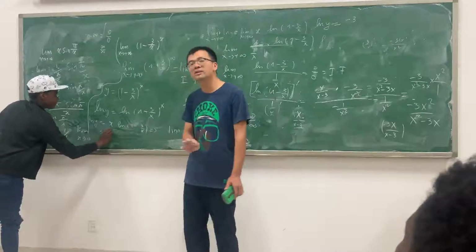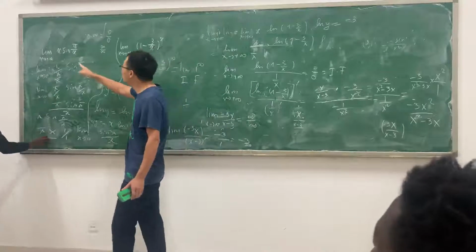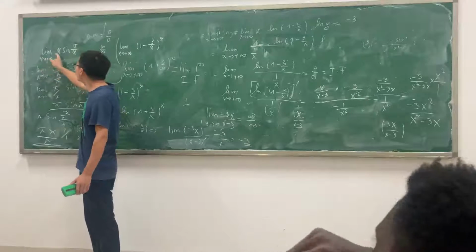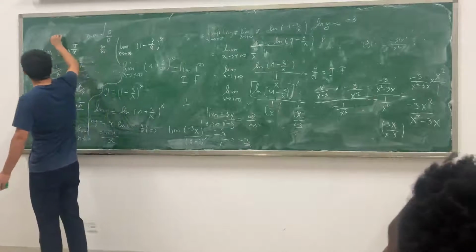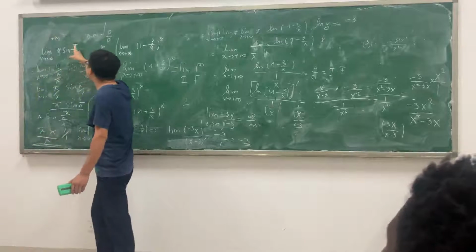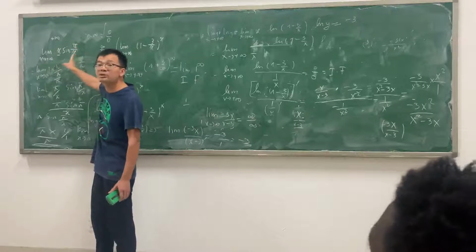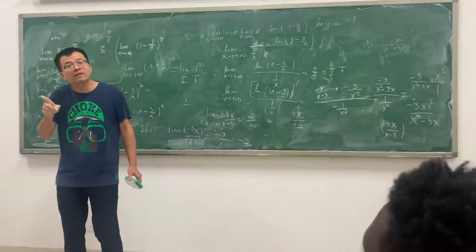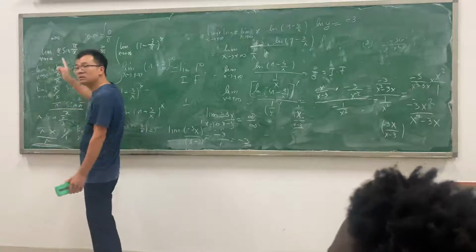Listen to me, okay? For the first one, x approaches plus infinity, so this part is plus infinity. And this part, pi by x: as x approaches plus infinity, pi by x approaches 0, and sin 0 is 0.